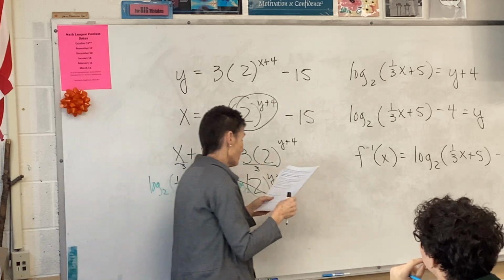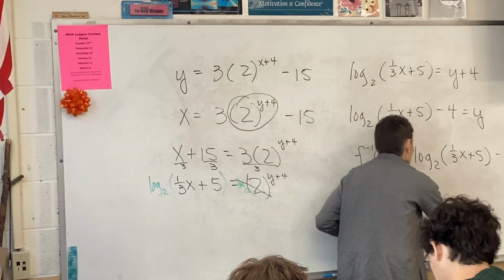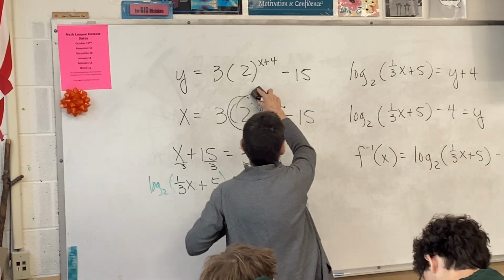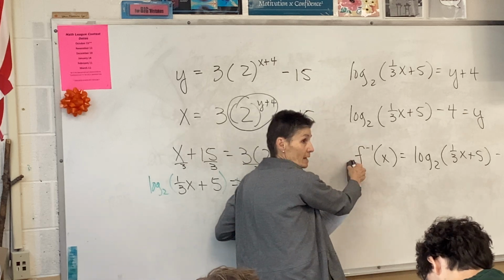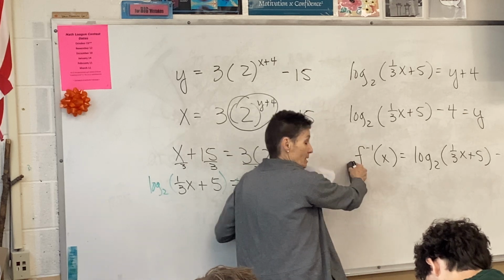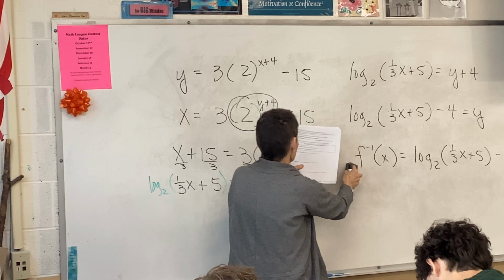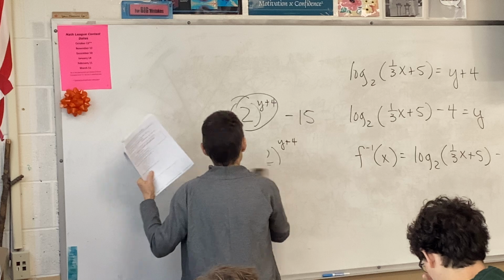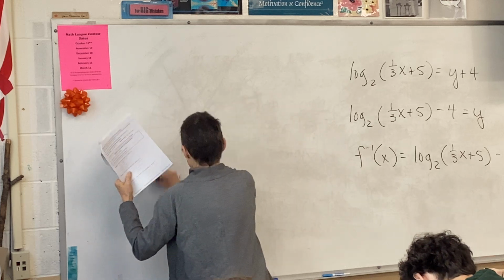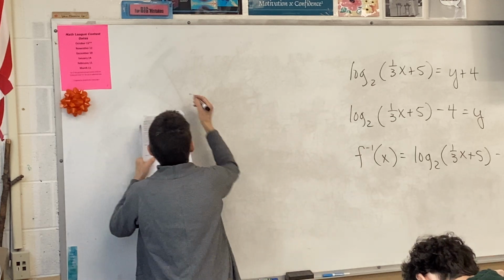All right, find the inverse of this one. Now, the original problem we just finished was an exponential, and its inverse came out to be a logarithm. So now, example 2 is a logarithm. What do you think its inverse is going to come out to be? An exponential.